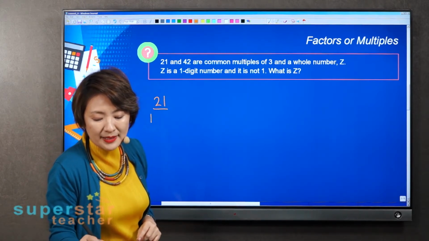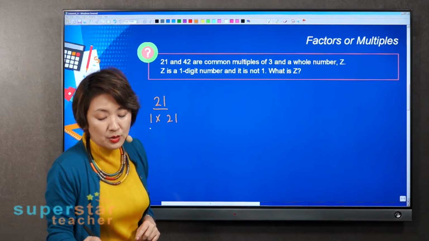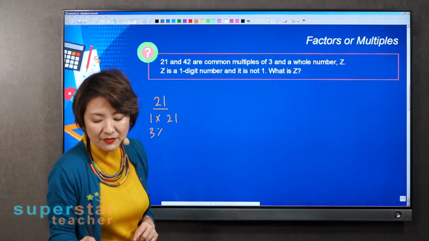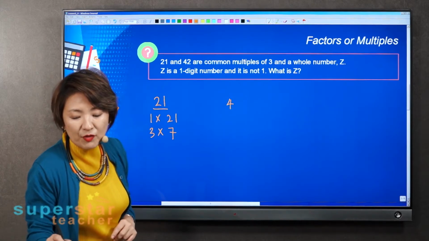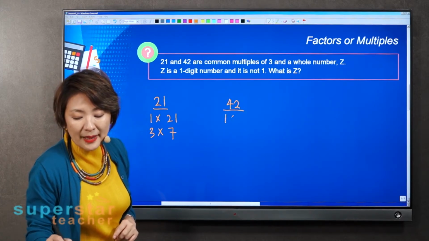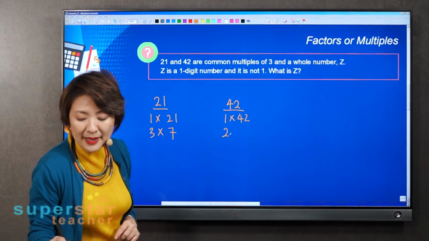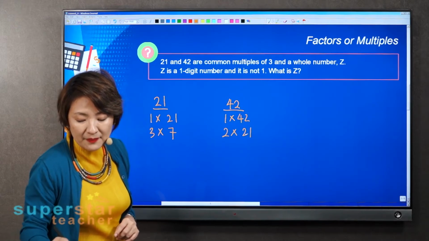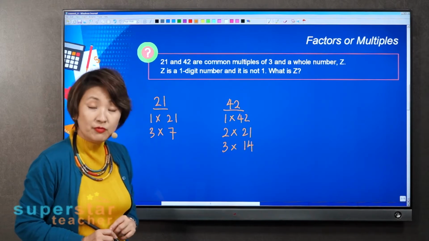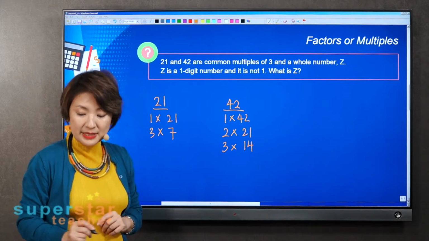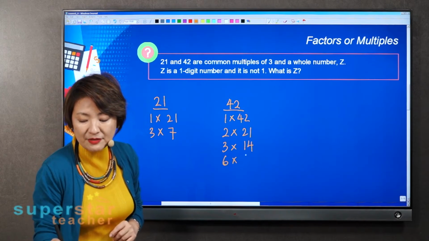It will be 1 times 21, 2 cannot, 3 times 7, and that's it. Then I write out the factors of 42. 1 times 42, 2 times 21, 3 times 14, 4, no, 5, no, 6, yes, 6 times 7.